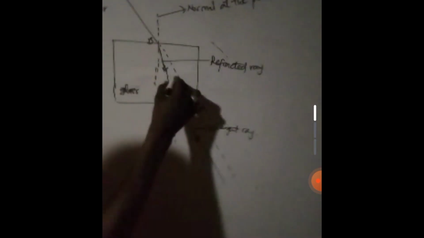Let's take a look at it. You can see the incident ray coming and the emergent ray going out like this. So for the emergent ray too, we have a normal at the point here. The normal at the point will always be perpendicular to the plane of refraction or reflection, at 90 degrees.